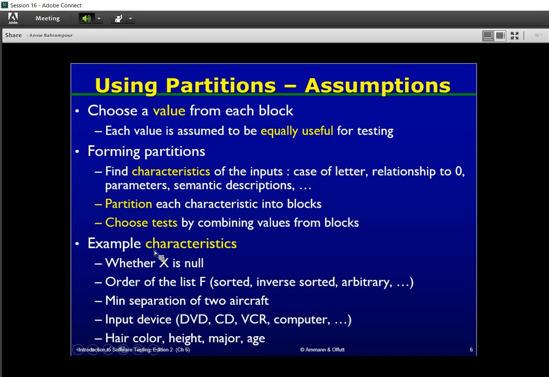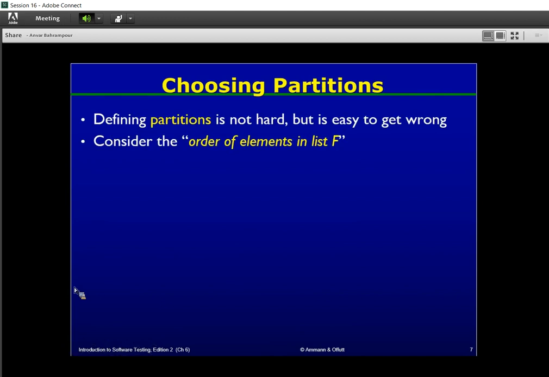For example, some characteristics are illustrated in this slide. Whether an object X is null or not could be one notable characteristic informing our partitions, or our blocks of the domain, or some other characteristics you have seen before.